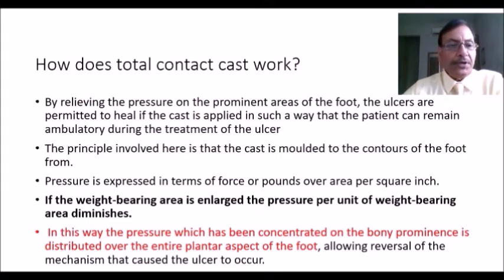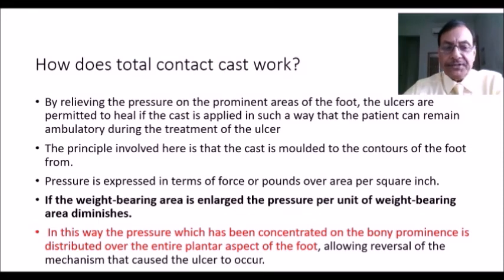The principle involved is that the cast is molded to the contours of the foot. Now, there are certain pressure points in the deformed foot, and pressure is expressed in terms of force or pounds per square inch.